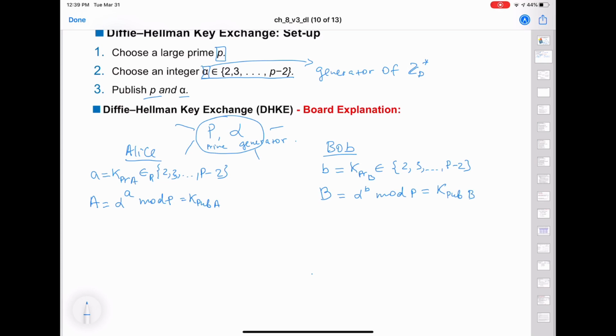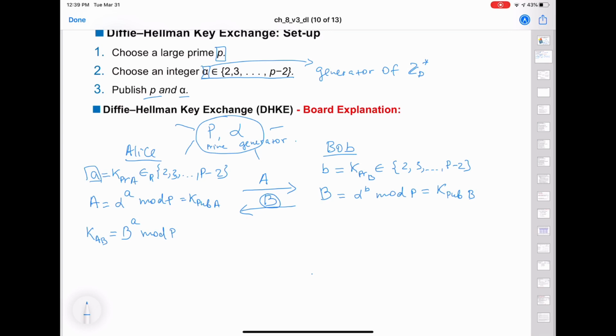Then what they will exchange is this: Alice will send her public color, capital A, and Bob will send his public color, capital B. Now Alice gets the public color of Bob, capital B, and mixes it with her own private color, a: B to the power of a modulo p, and this is going to be a common color, KAB.